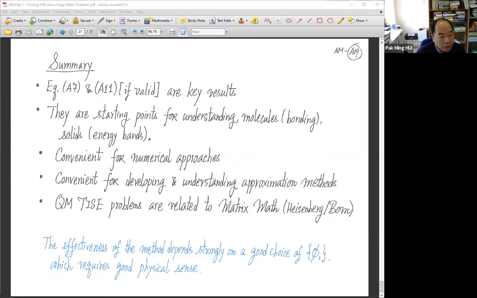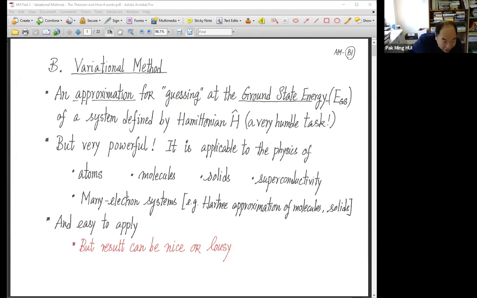Okay. So now we start our journey into making approximations. To me that is fun. So the first method that I would like to introduce here, in my opinion, is perhaps the most powerful method as well, although the purpose is rather limited, but very powerful.